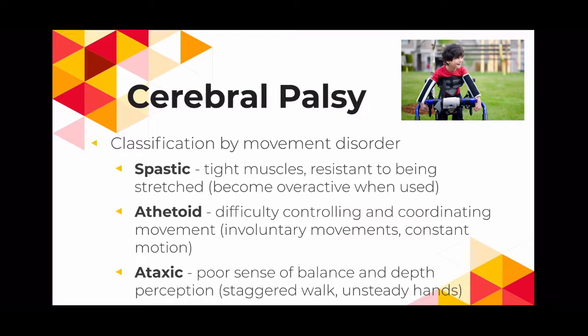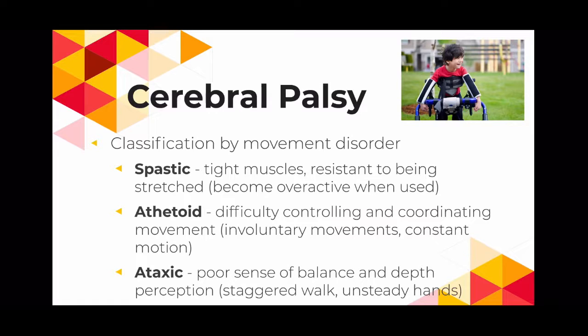And so when the muscles are used, they can become very overactive and produce repetitive movements. The second is athetoid movement disorders, and these cause individuals to have difficulty controlling and coordinating their muscle movement, which then leads to involuntary writhing movements in constant motion.